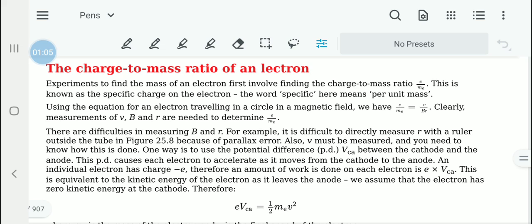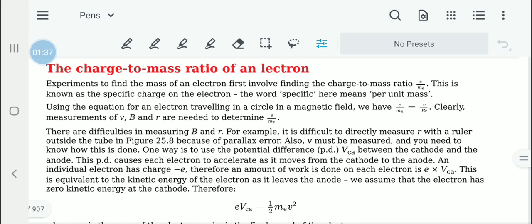Now, using an electron that is traveling in a circle in a magnetic field, we can obtain that e upon me is going to be V upon Br. Therefore, we can obtain a relationship by using V, B, and R to figure out the charge to mass ratio of an electron.